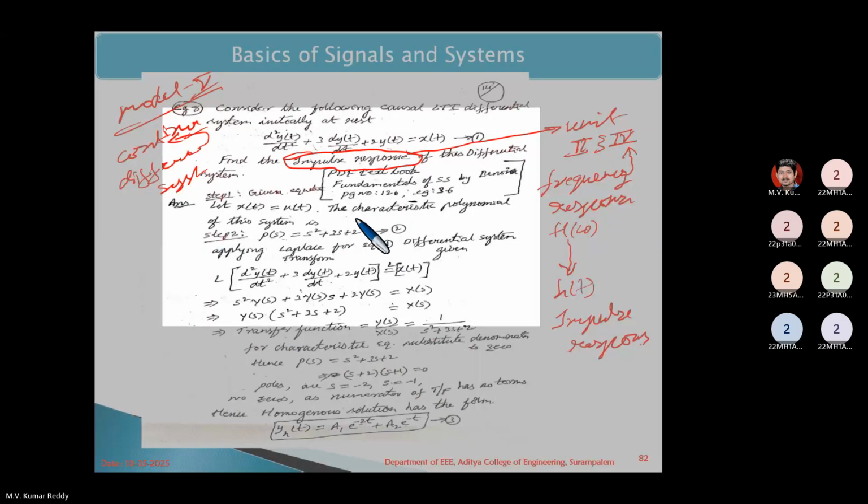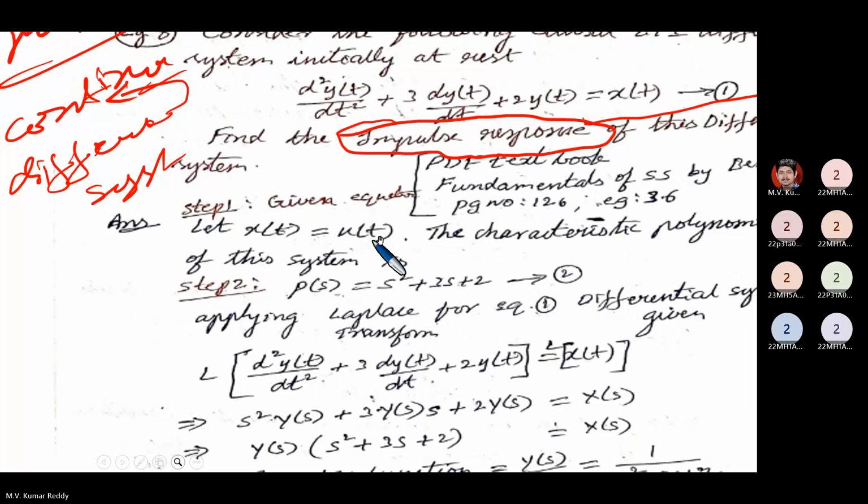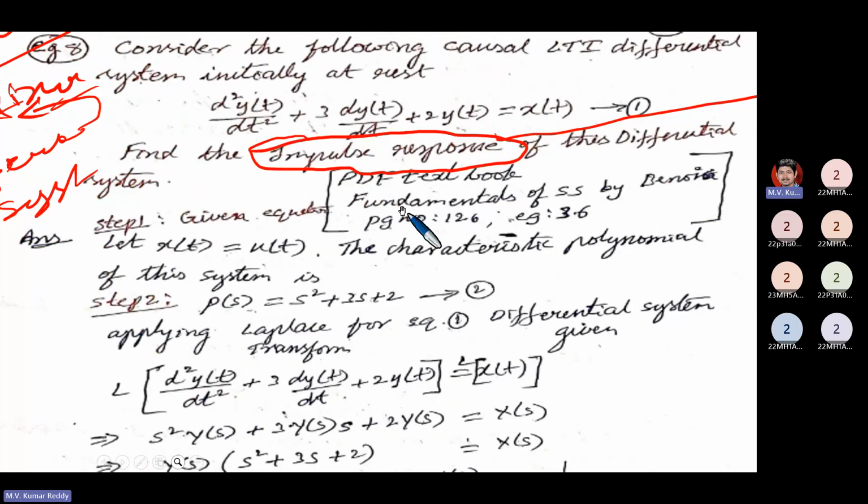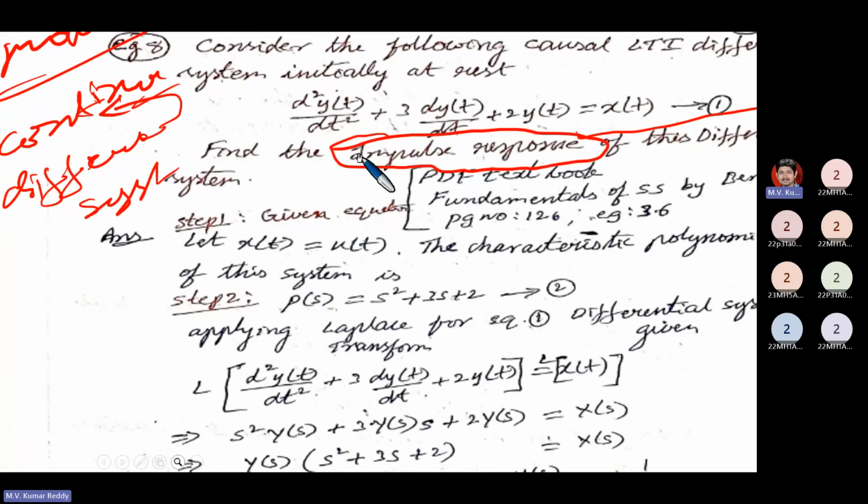Next, I already gave you a PDF textbook, Fundamentals of Signals and Systems by Benoit. In this textbook, page number 126, example 3.6. Now this is the equation. In this equation, what do we have to find?